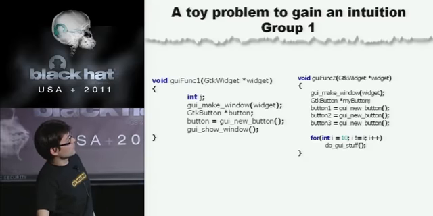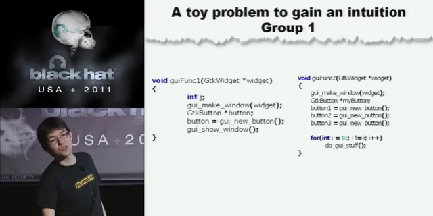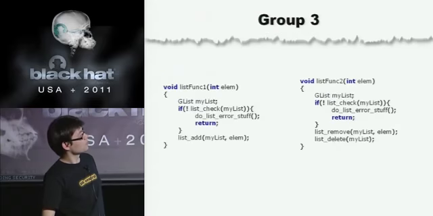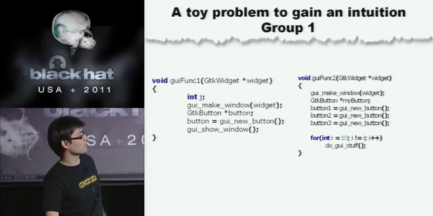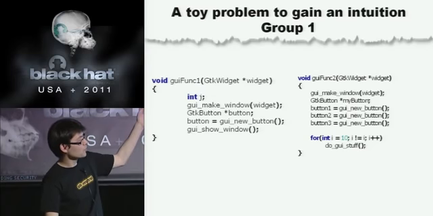Okay, so in this example, we have 6 functions. These are the 6 functions. And there are always groups of 2. You have 2 GUI functions, and they contain overlapping symbols. Some symbols occur in both functions, some only occur in one.